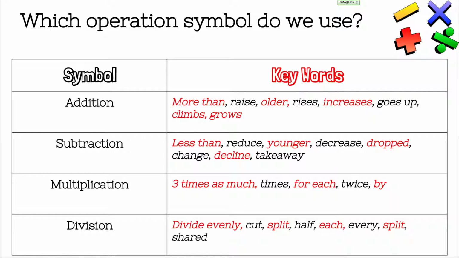Multiplication, you'll see 3 times as much, 2 times as much, 4 times as much, times, for each, twice, or the word by. And then some of the keywords for division are divide evenly, cut, split, half, which means you're going to divide it in 2, each, every, or the word shared.